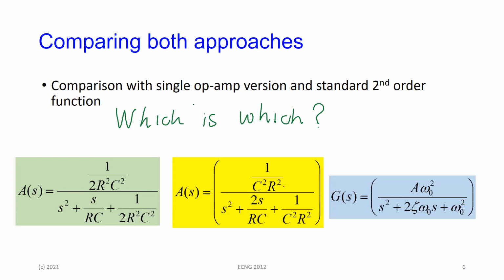So you could look at this. Once you get either of these functions in this form, then you could quickly compare the coefficients here to know what the cutoff frequency is, right? So in case which is which, this is the Sallen-Key here. And this is the cascaded.